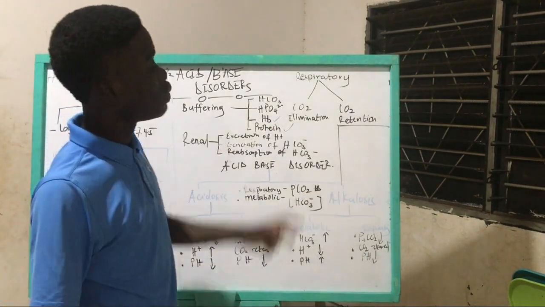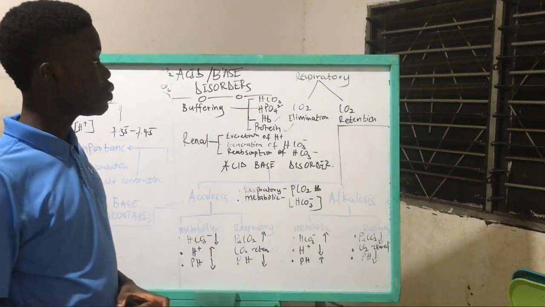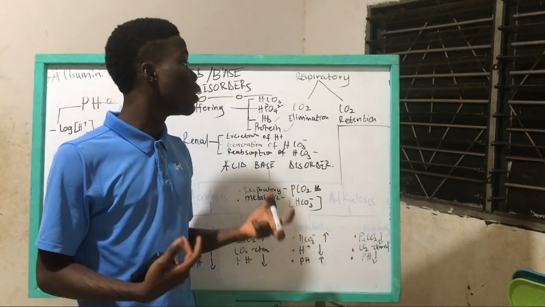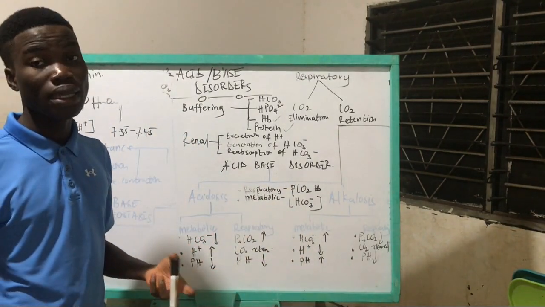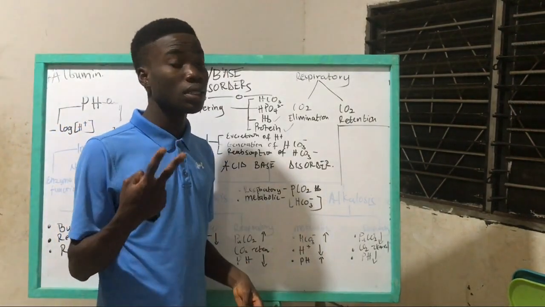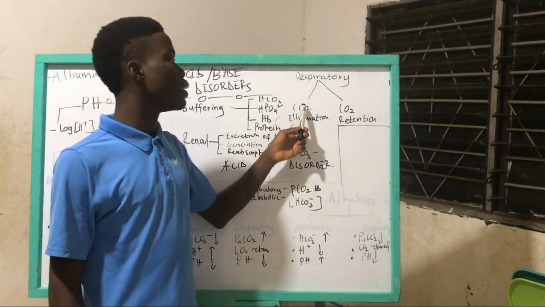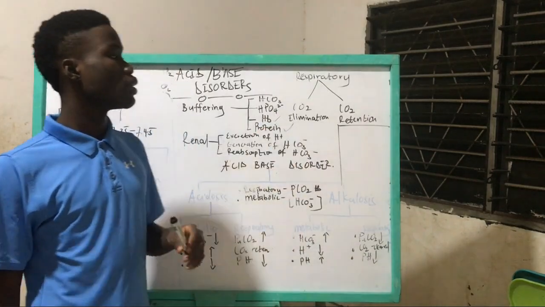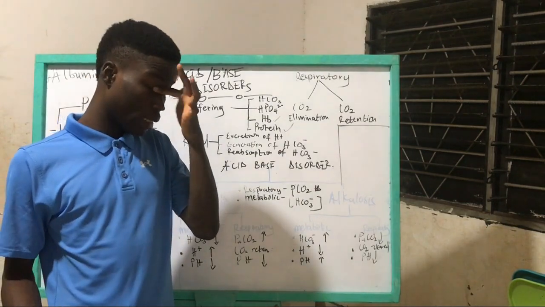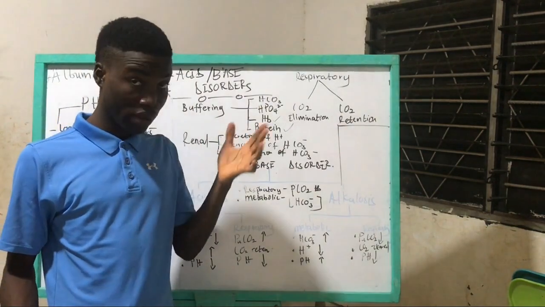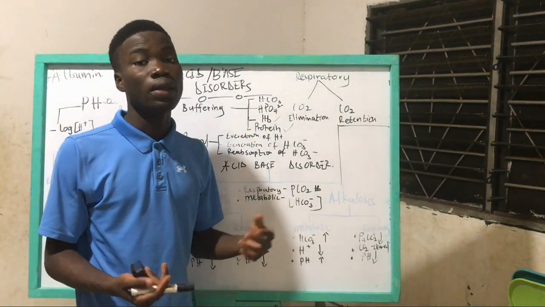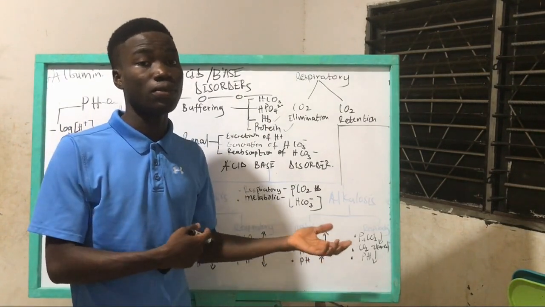Now let's talk about the respiratory system. So the respiratory system has a way of regulating acid and base. So there are two things involved. Either there is an elimination of carbon dioxide or there is a retention of carbon dioxide, and this is a reverse reaction. So therefore, the equilibrium position must definitely shift one way.